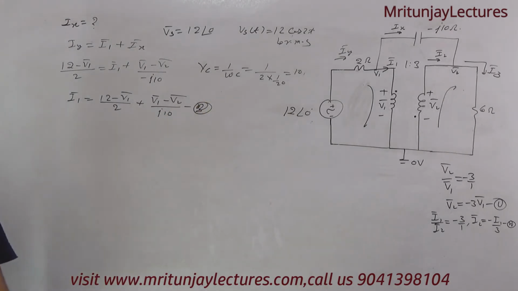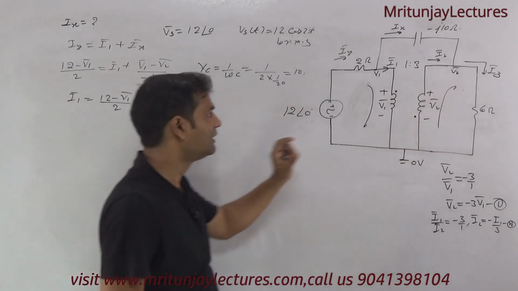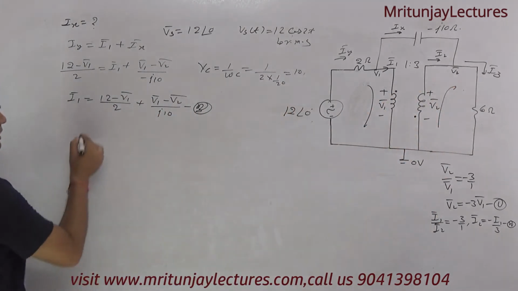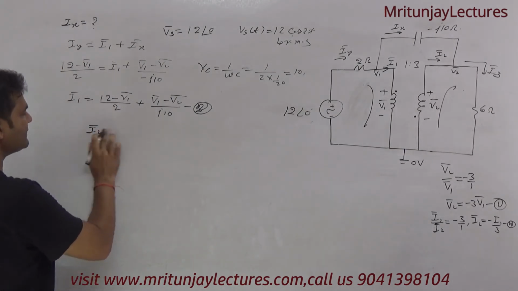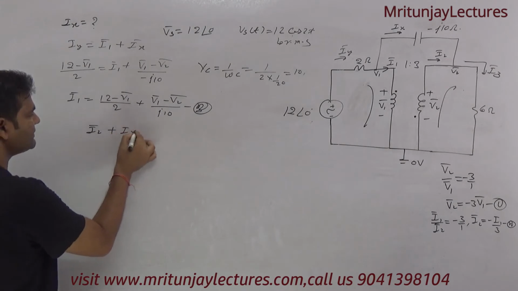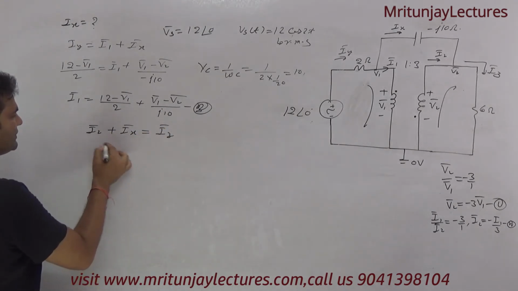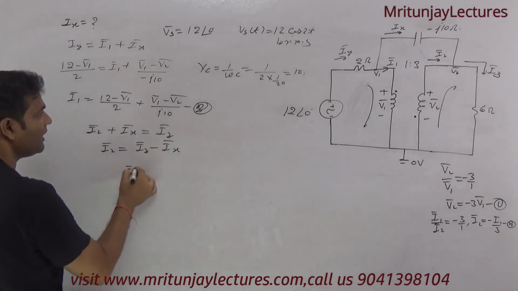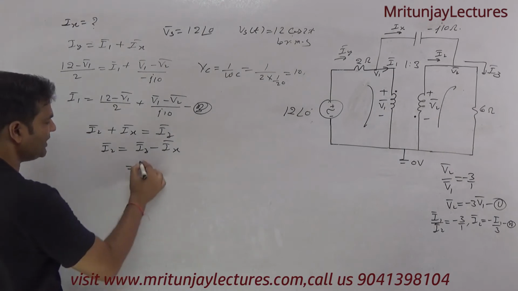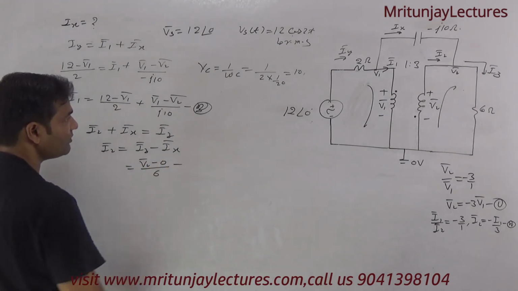Now apply KCL at node 2. Incoming current I2 plus Ix is equal to outgoing current Iz, so I2 is equal to Iz minus Ix. Iz is equal to V2 minus 0 divided by 6, and what about Ix?